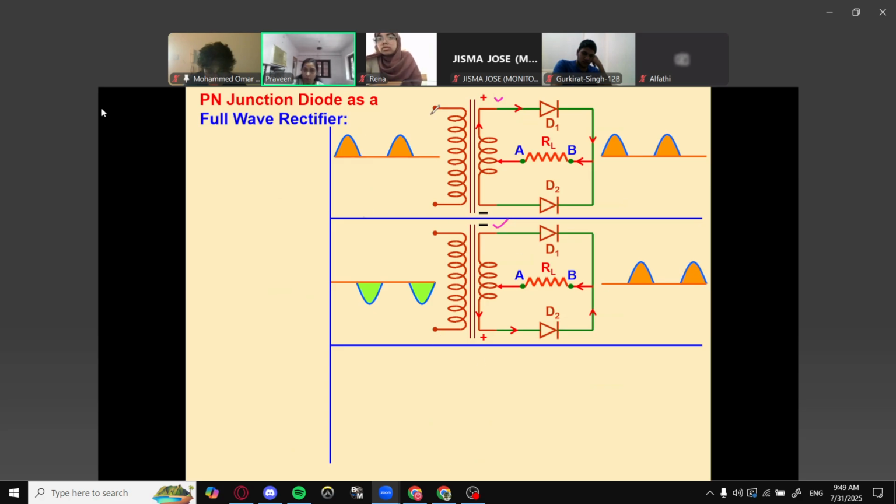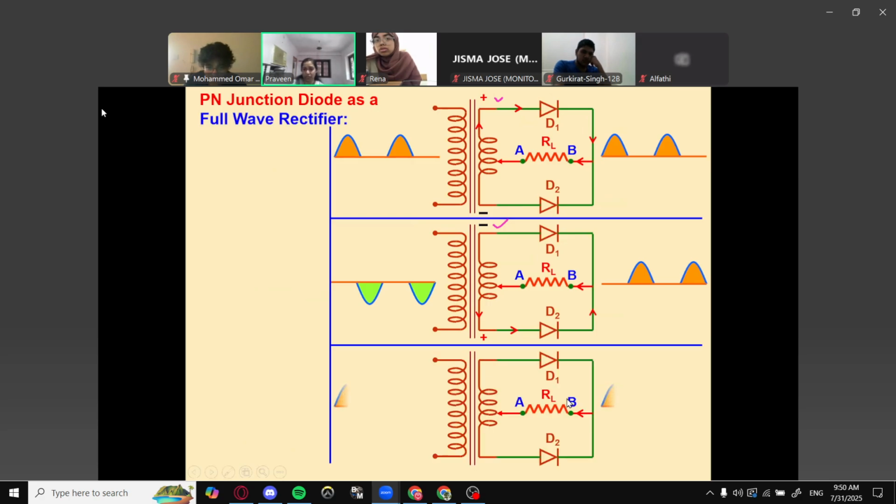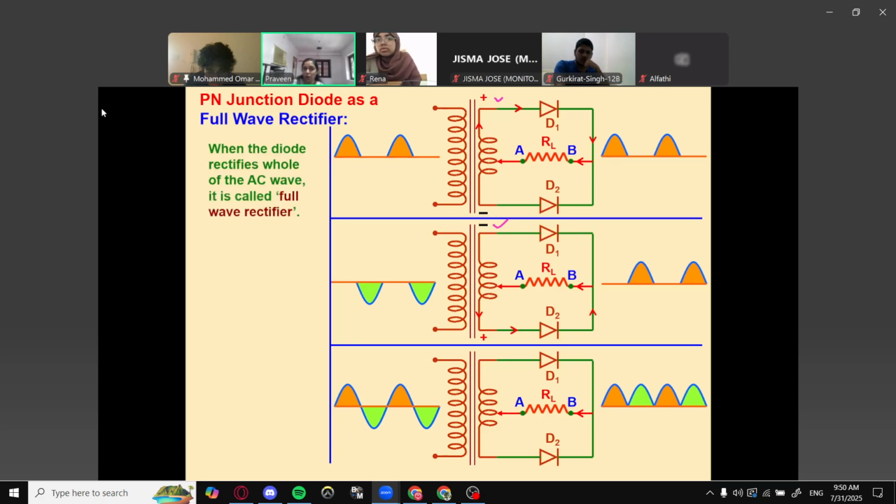So for both the positive cycles and the negative cycles, we will be getting output across the load resistance. So the entire wave can be rectified. When the diode rectifies the whole wave of the AC wave, it is called a full wave rectifier.